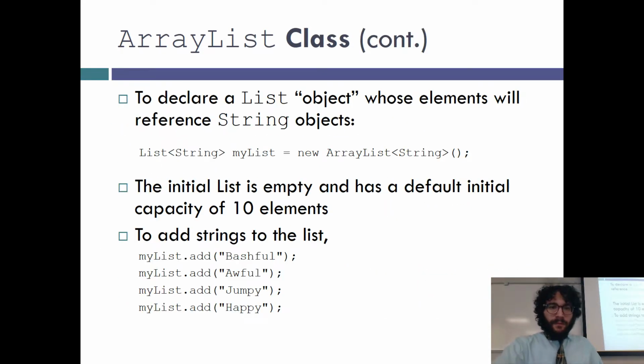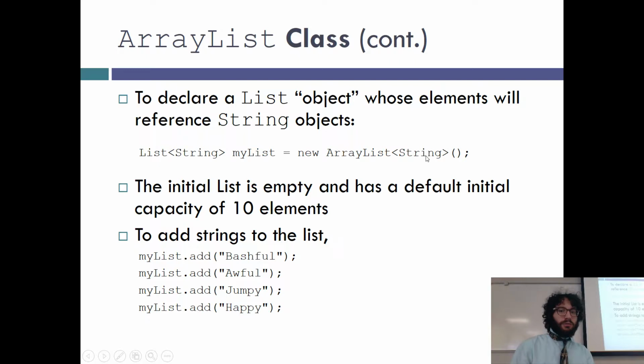All right. So declare a list object whose elements, not elephants, will reference string objects. We will create a list of strings called myList, right? So myList is a list of strings. That's an interface on the left. But using polymorphism, because an ArrayList is a list, we can say that this variable holds an ArrayList.